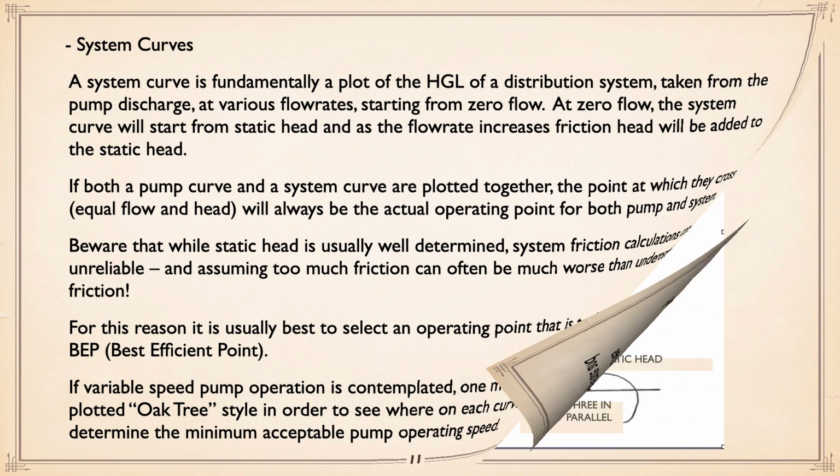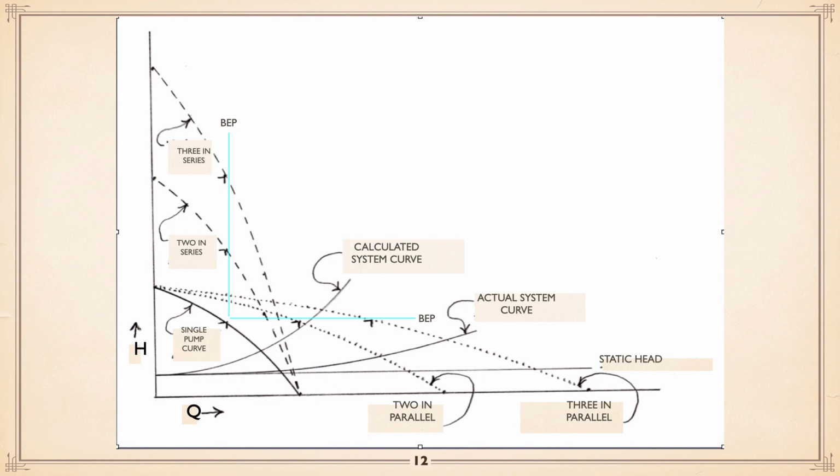Now, combining the system curve and pump, take a look at this. You've got a single pump curve, you've got a static head, and to which friction has been calculated. So a single pump will operate at about halfway between best efficiency point, the little arrow, and full runout.